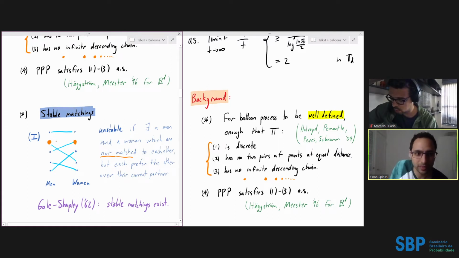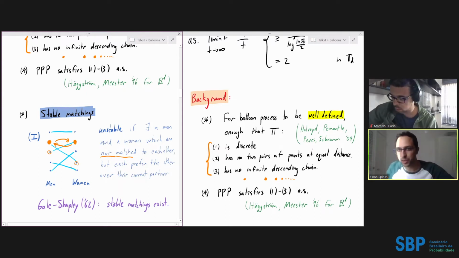So this man prefers this woman over the woman he's matched with, and this woman prefers this man over the man she's matched with. And presumably in this situation, these two would just divorce their partners and marry each other, right? And that's what makes this matching unstable, that there are pairs that want to change things up.